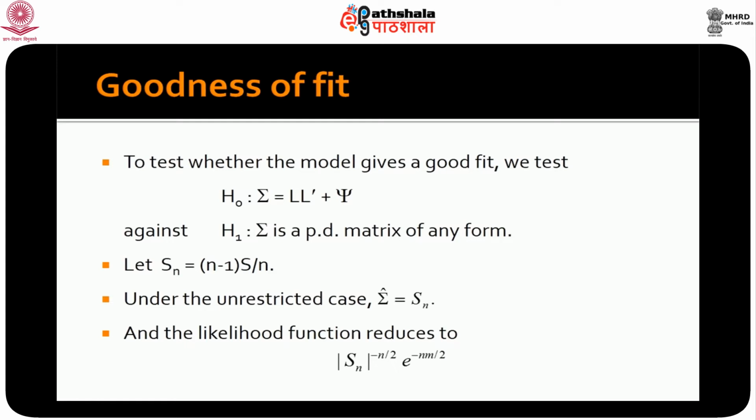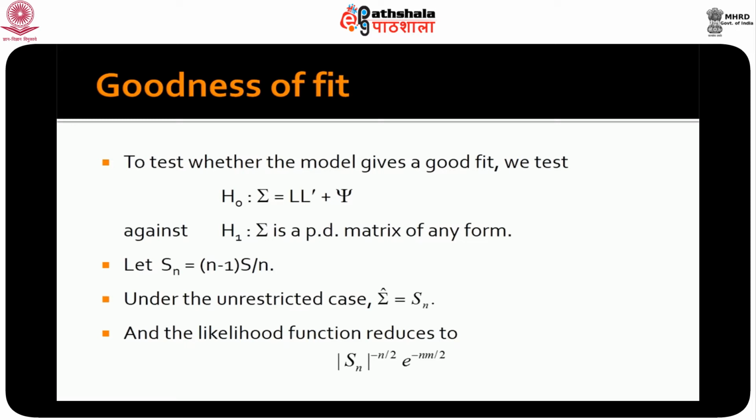A is equal to n times Sn, and if you substitute that, sigma hat and the A actually cancel off, left with e to the power of minus nm by 2. So ultimately we get Sn to the power of minus n by 2 e to the power of minus nm by 2.